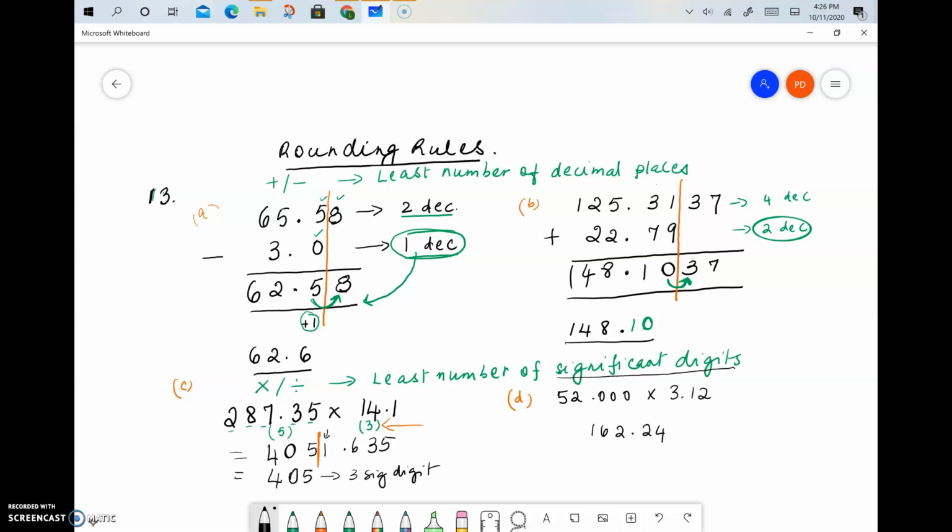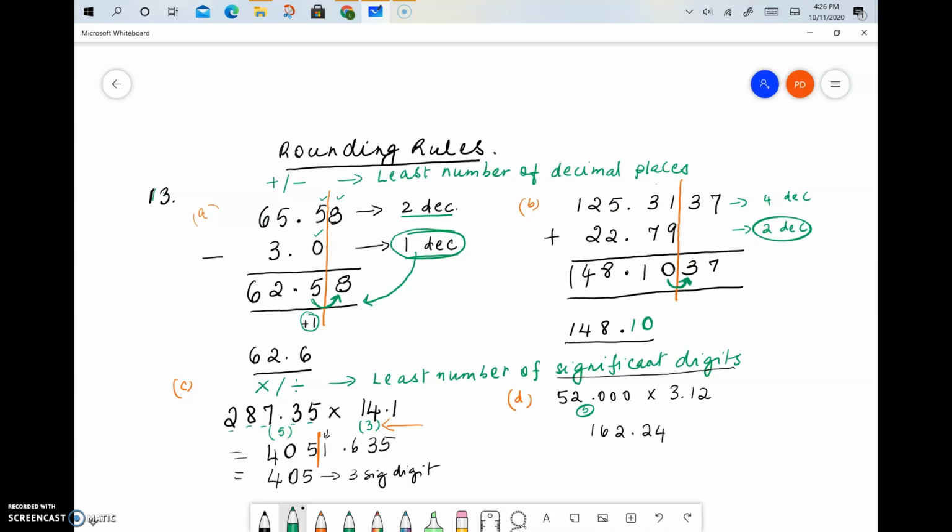So for multiplication and division, the rule is the same thing. Round to the least number of significant digits in the numbers that you've multiplied or divided. So we look at the second example. The number of significant digits in the first number are 1, 2, 3, 4, 5. The zeros after the decimal point have to be counted, so that's 5 significant digits.